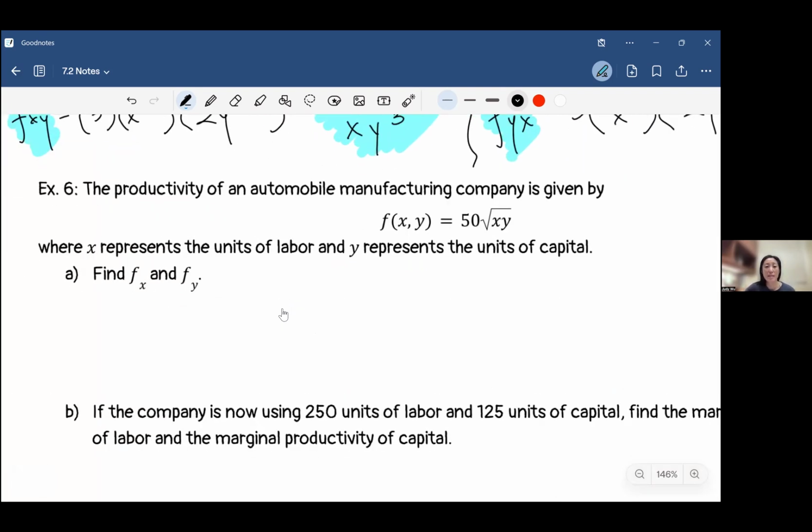So it says the productivity of an automobile manufacturing company is given by f of xy equals 50 times the square root of xy, where x represents the units for labor and the y represents the units of capital. Okay.